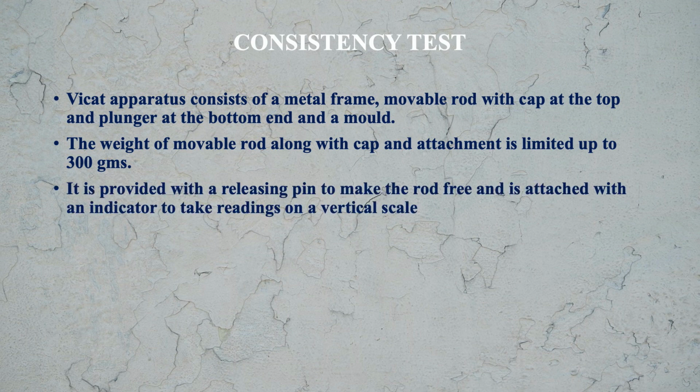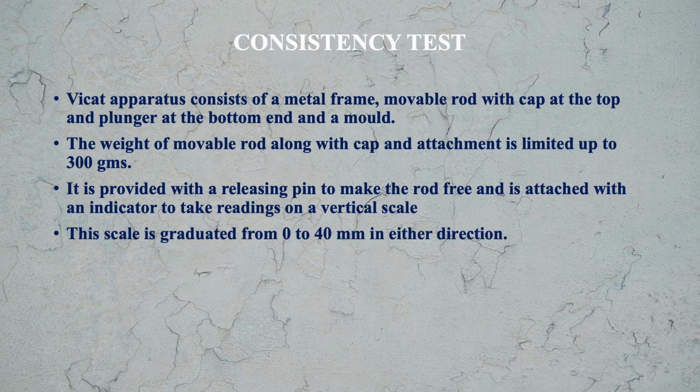It is provided with a releasing pin to make the rod free, and is attached with an indicator to take readings on a vertical scale. With the help of the pin you can release the plunger, and there is an indicator where you can get the readings on the vertical scale. This scale is graduated from 0 to 40 mm in either direction.